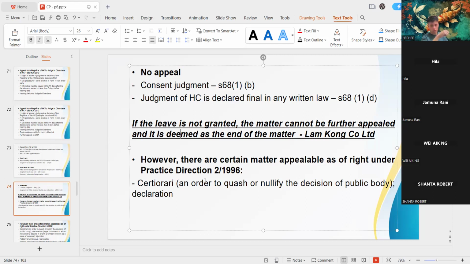And another one is declaration. The difference between a certiorari and a declaration is that certiorari is used on a judgment. A declaration can be used on any documents, like now it's declared that this document is not a valid document. But certiorari is for the judgment, to say that the judgment given by the judge is invalid or nullified. Is that okay?